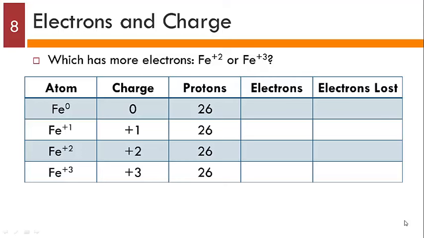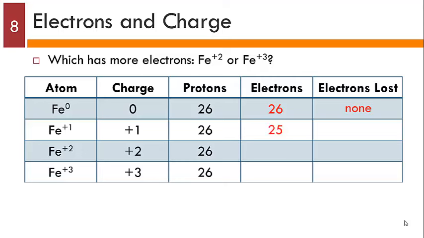Which of the following would have more electrons: iron with a +2 charge or iron with a +3 charge? So in the table, there are several iron atoms which all have different charges. Since they're all iron, they all have 26 protons. The first one has a 0 charge, which means that the electrons and protons must be equal.